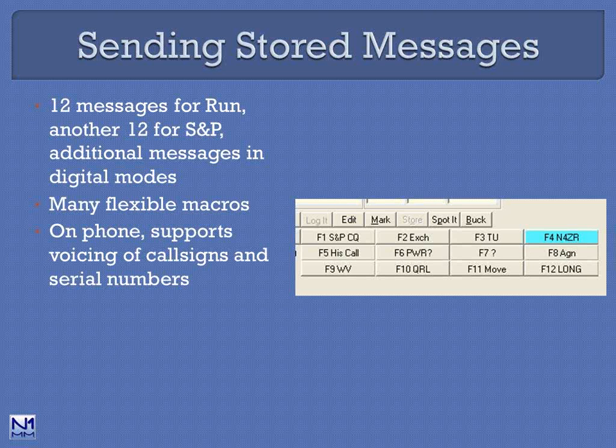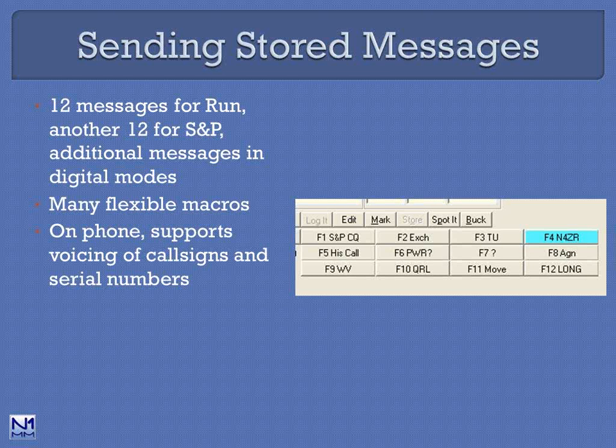These are expressions which, when you put them into a message, either carry out a program function or grab a piece of information from the program and send it as either CW or RTTY. And so, for example, you could have a macro built into your F3 TU message that would automatically switch to the other radio in an SO2R setup and send a CQ, and then switch back to this radio to hold two frequencies simultaneously, or do dueling CQs, or whatever you had in mind.